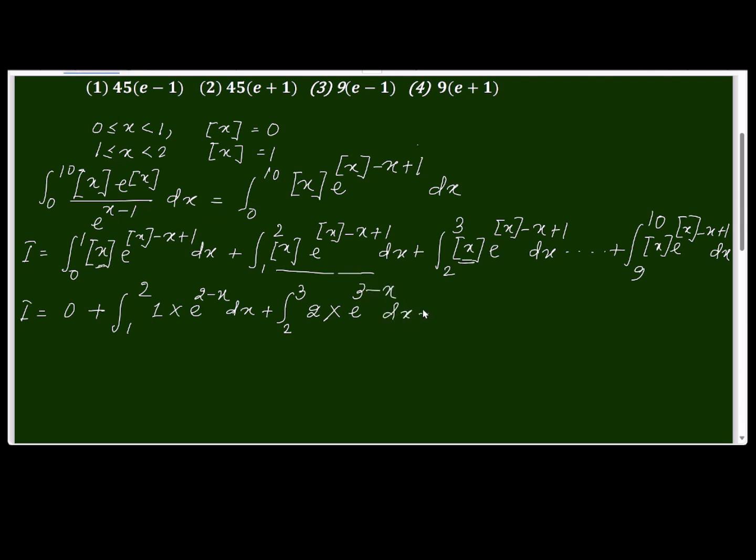What will be the fourth term? The fourth term will be 3 to 4: 3 into e to the power 4 minus x dx. And coming to the last term, it will be 9 to 10: 9 into e to the power 10 minus x dx. So integration is easy.